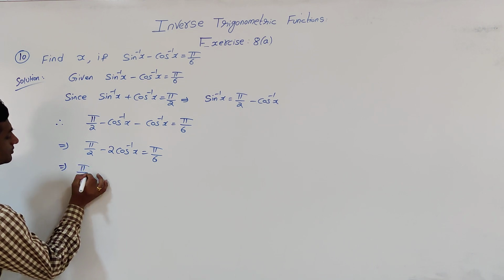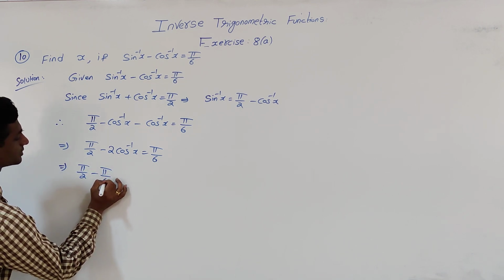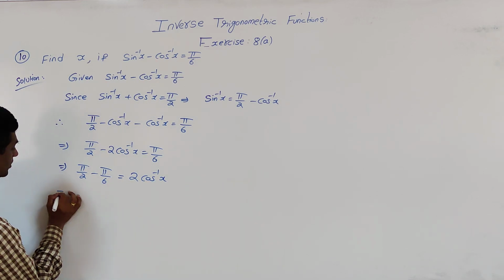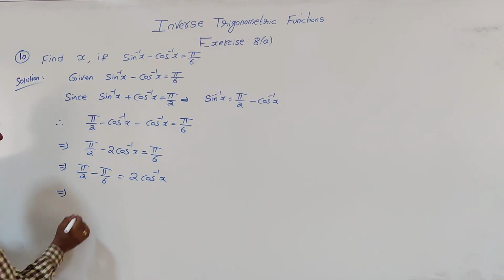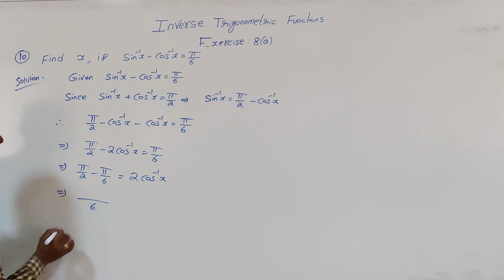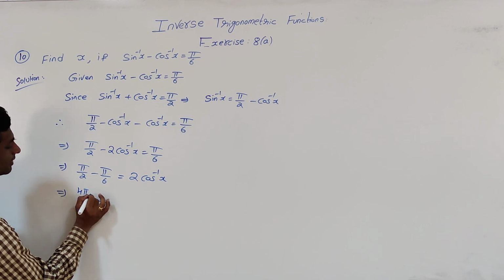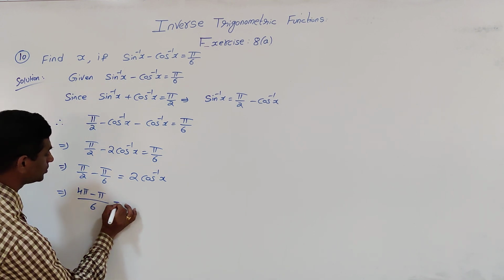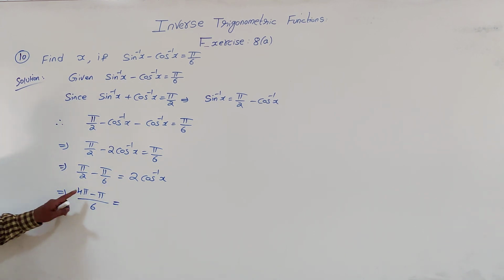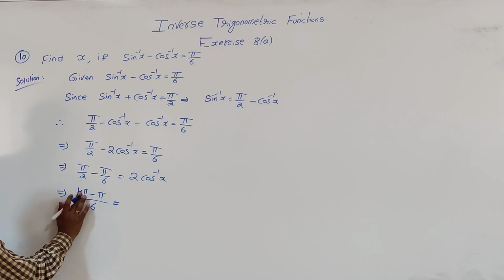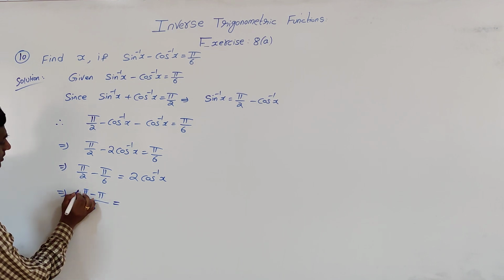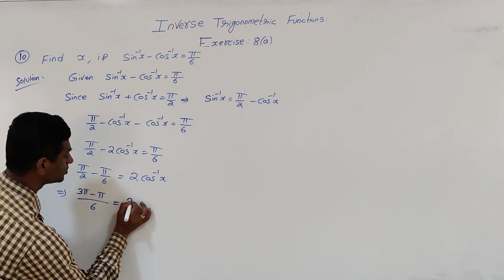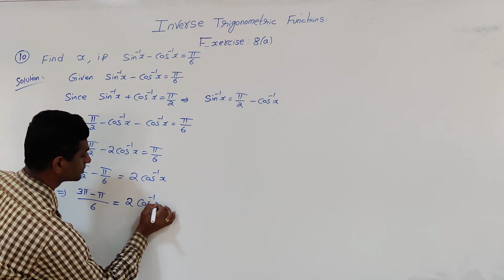pi by 2 minus pi by 6 is equal to 2 cos inverse of x. So pi by 2 minus pi by 6 means 6 is LCM. So 3 pi minus pi is equal to 2 cos inverse of x.